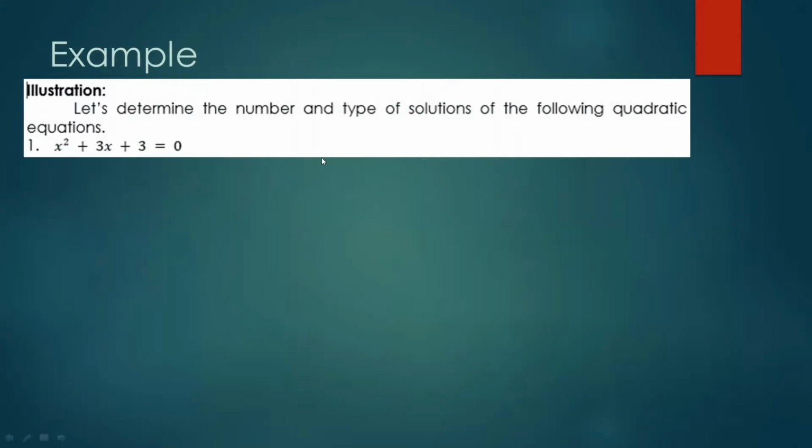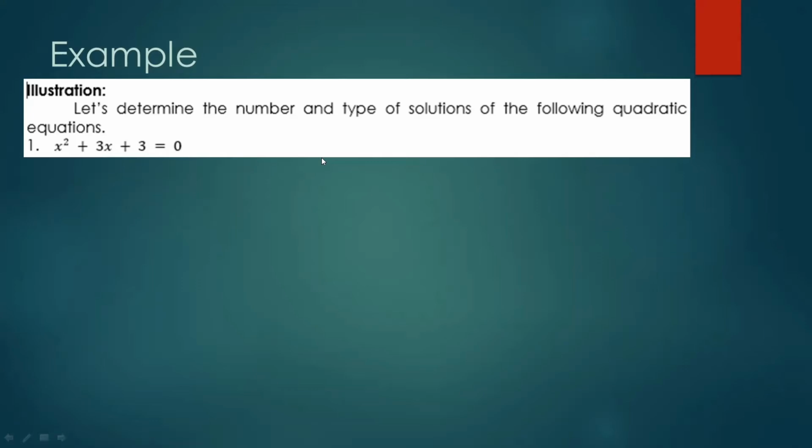First, if you can see in our discriminant formula, it is composed of real numbers. Therefore, para mas madali tayong makapagsagot, we should identify first the real numbers A, B, and C. Dahil yung real numbers A, B, and C natin, we can use them to identify how many solutions or roots do we have in the equation.